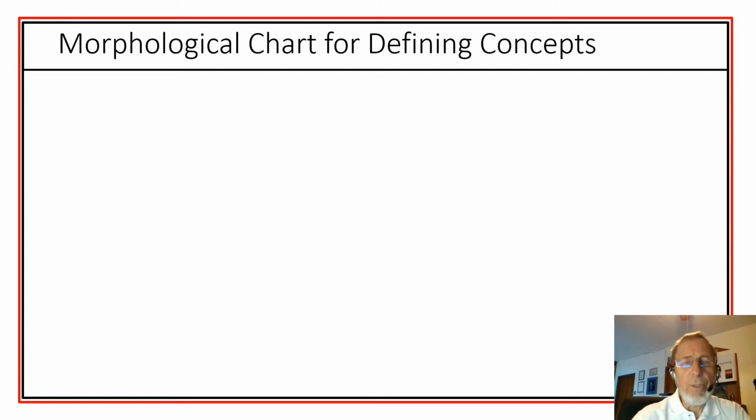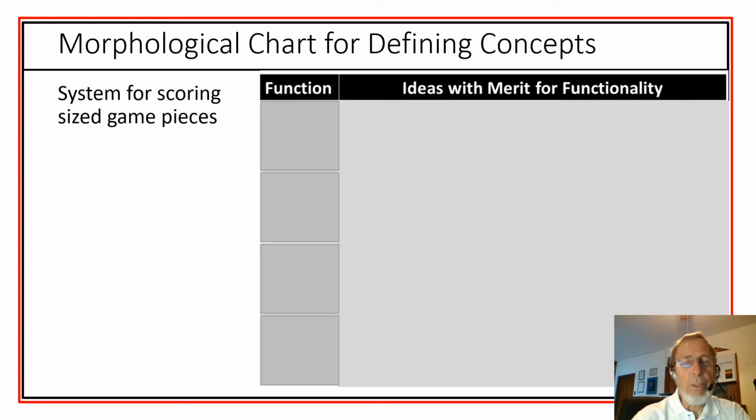A tool that we find useful for defining systems is called a morphological chart, or a morph chart for short. It's simply a way of showing the different options we have available, the different ideas we have for different functions, so that we can put them together into reasonable combinations to make up concepts for a given system.